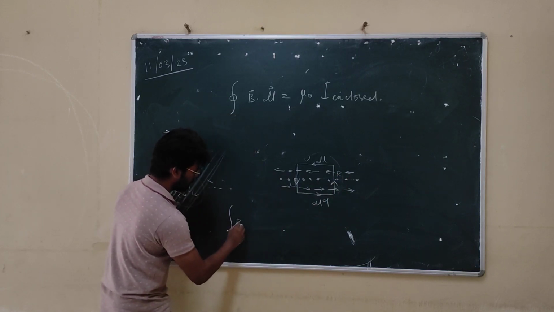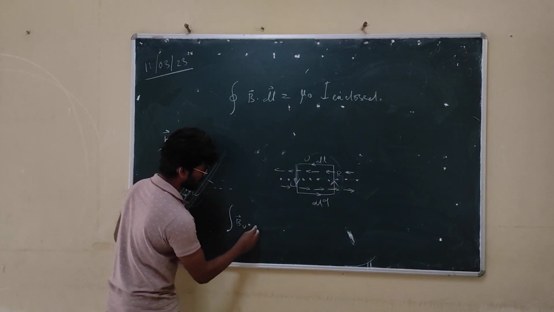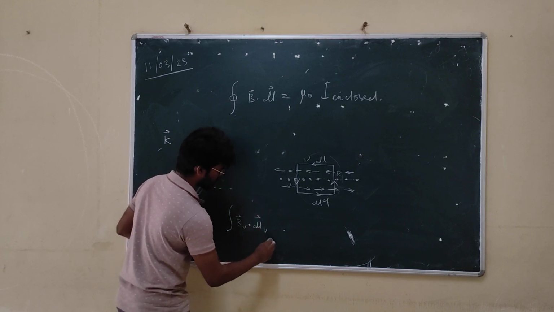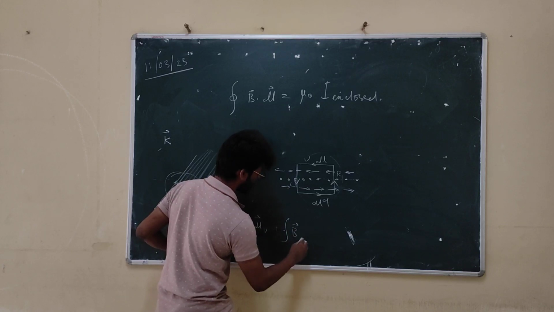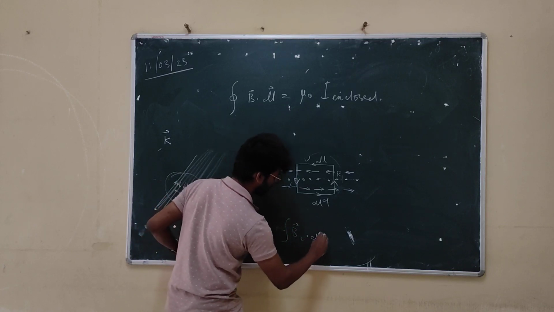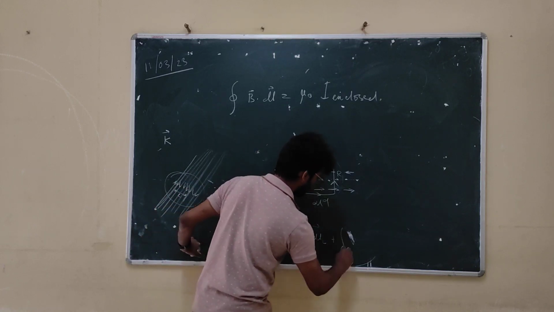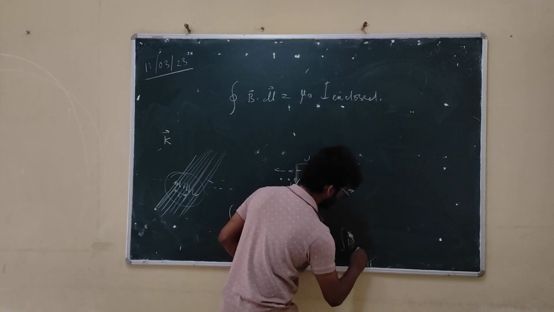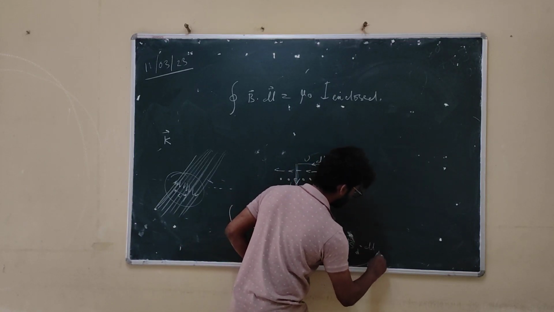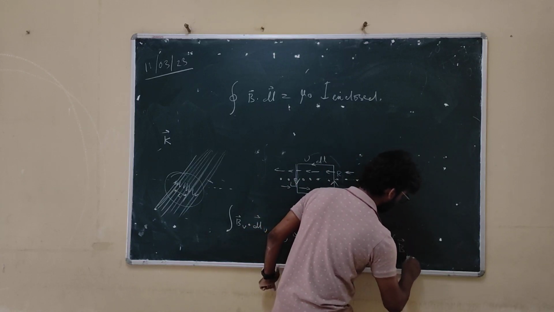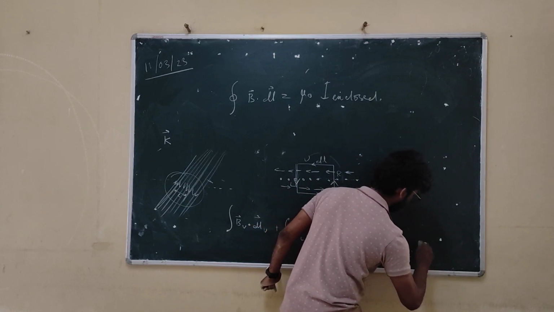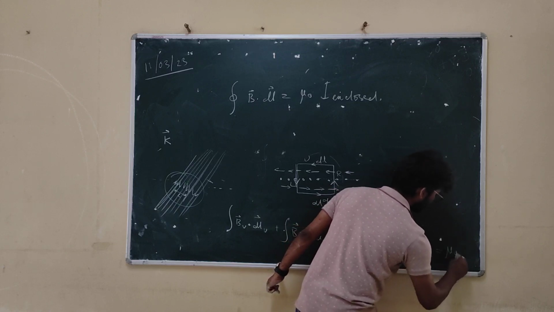So there will be B up dot dl up, B left dot dl left, plus B down dot dl down, plus B right dot dl right, equal to my current enclosed.